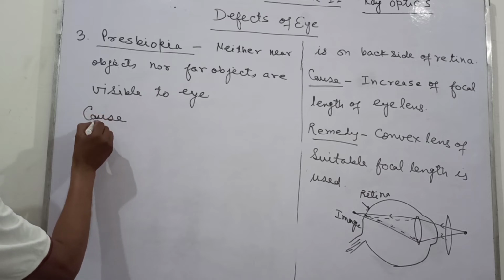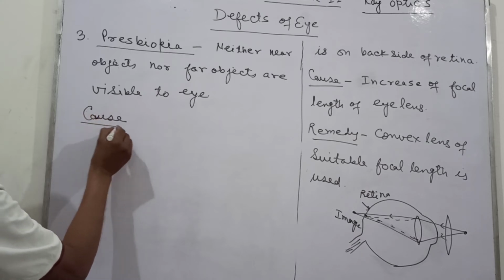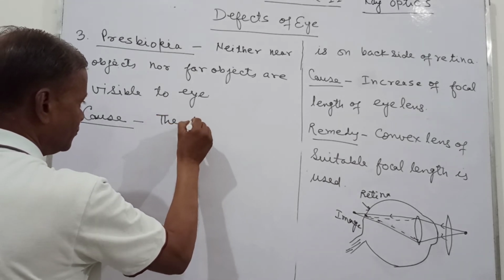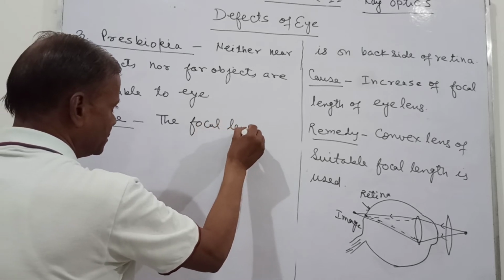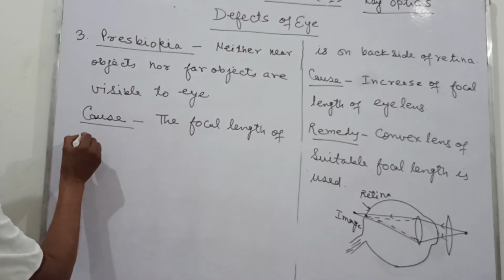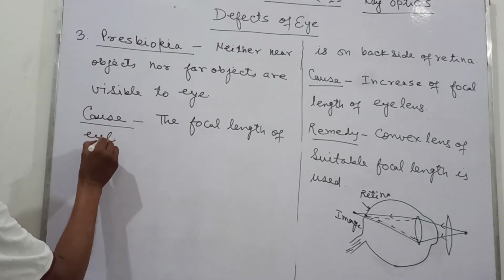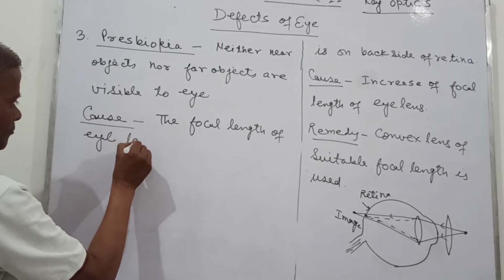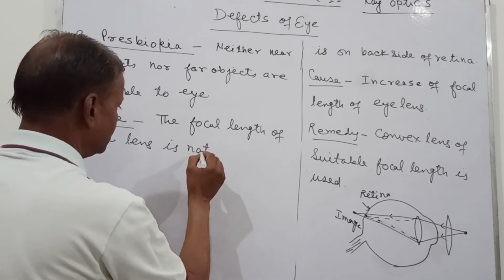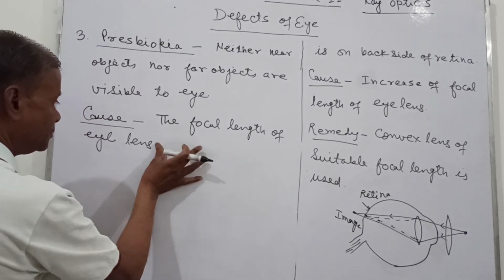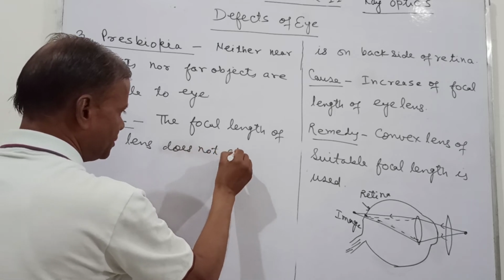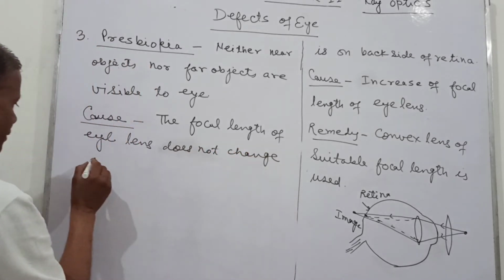Now its cause is the focal length of the eye lens does not change properly.